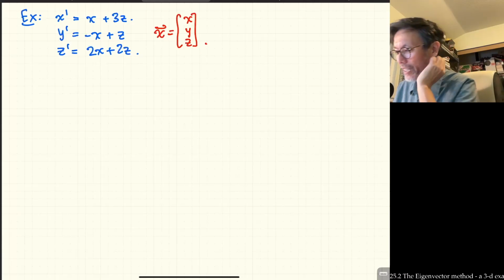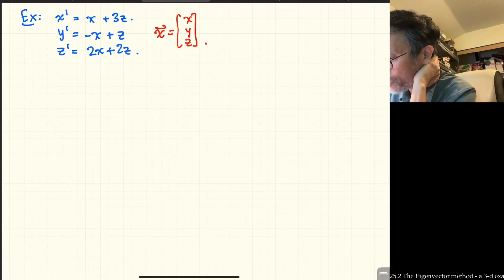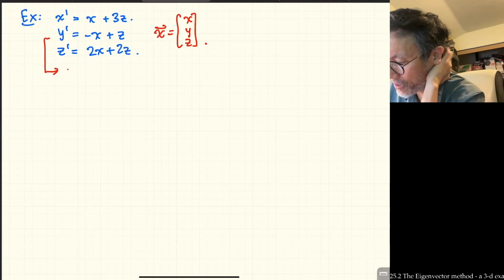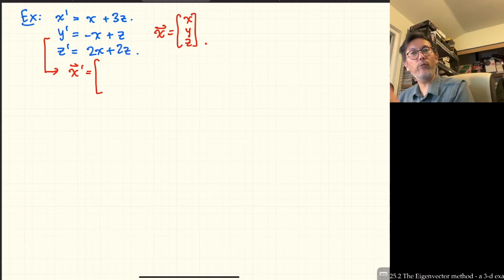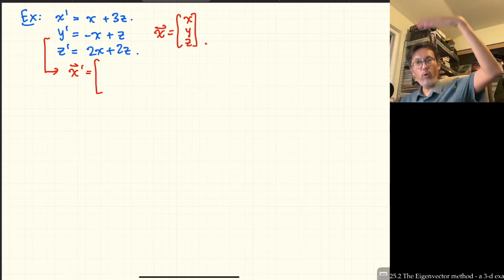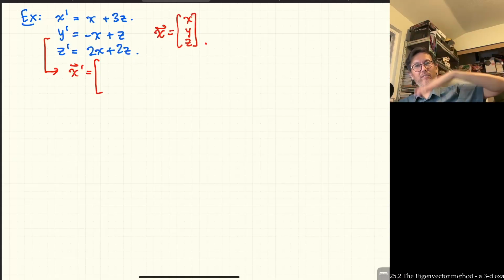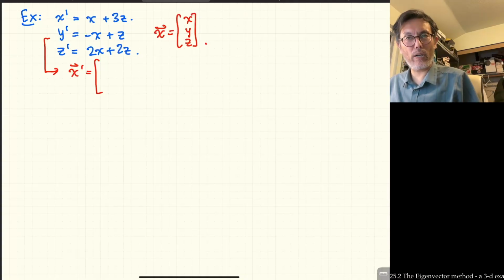So then X prime is going to be x prime, y prime, z prime, and our system becomes, in matrix representation, X prime equals, now I'm going to write down the 3 by 3 matrix corresponding to this system. The order of my variables is going to be x, y, z. So I have to respect that when I write down my system.